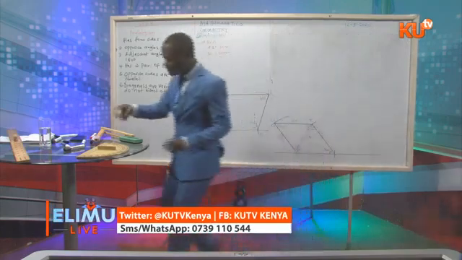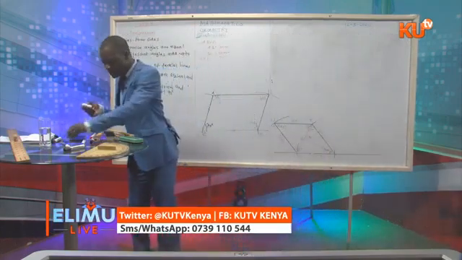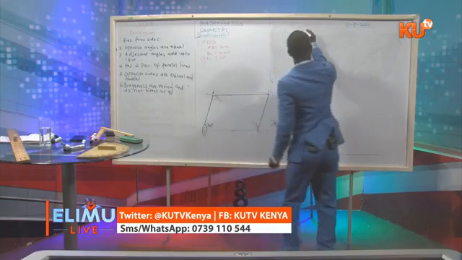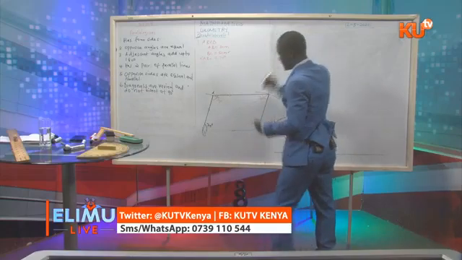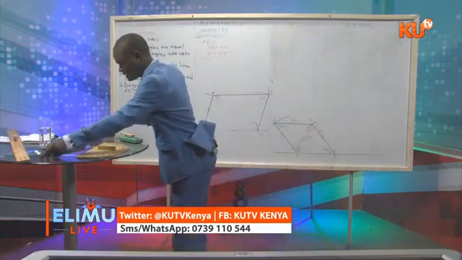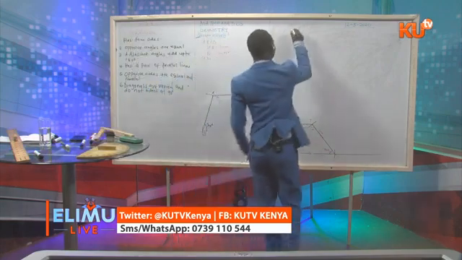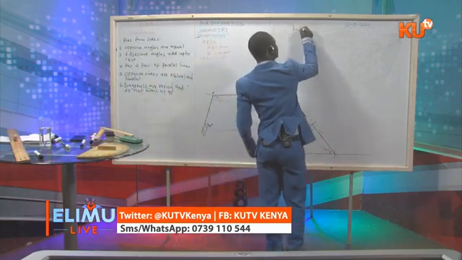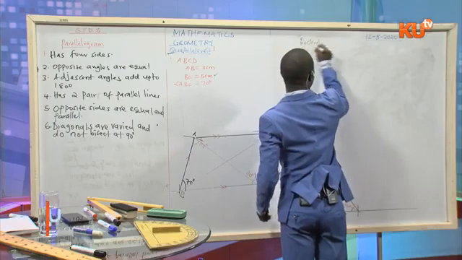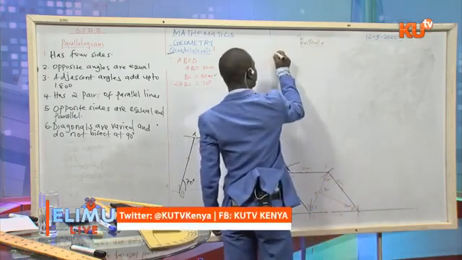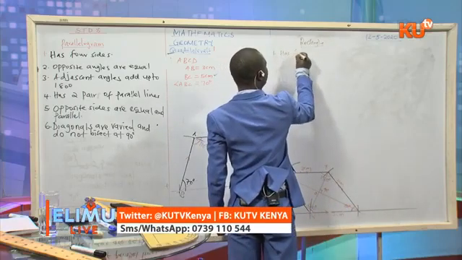Now a rectangle, just like the other quadrilaterals, has 4 sides. Number 1, it has 4 sides.